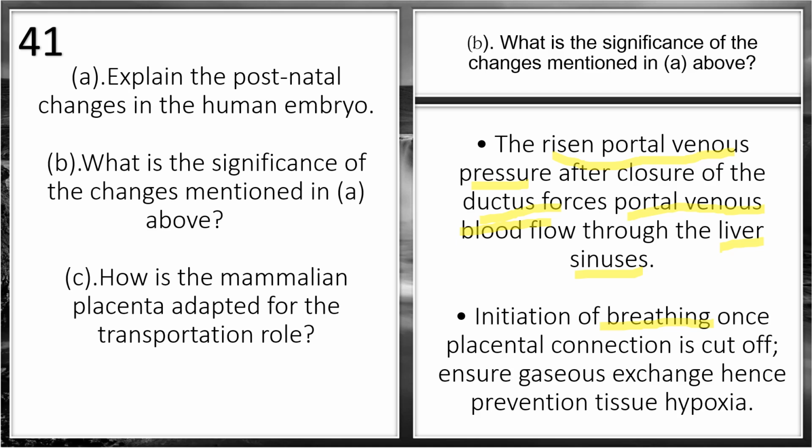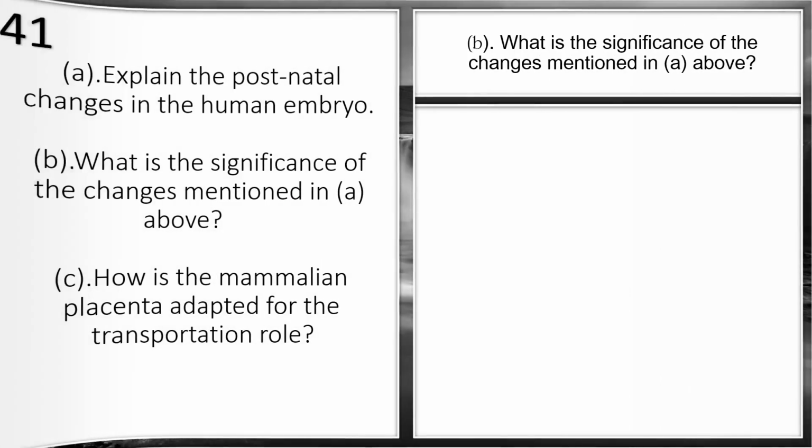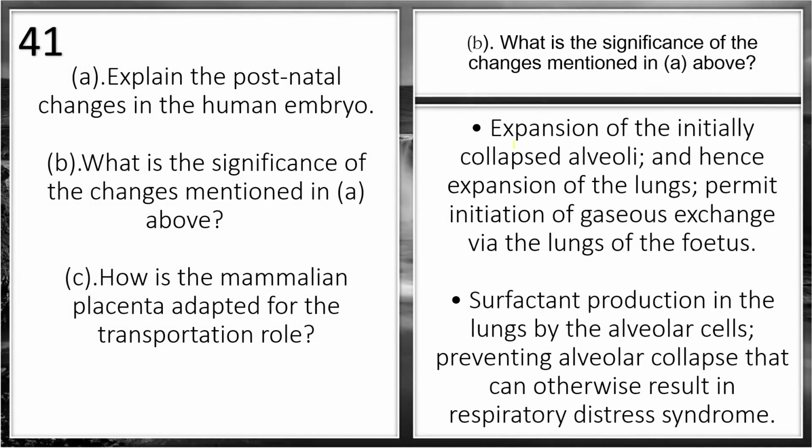Initiation of breathing once the placental connection is cut off ensures gaseous exchange, hence prevention of tissue hypoxia. Expansion of the initially collapsed alveoli and hence expansion of the lungs permit initiation of gaseous exchange via the lungs of the fetus.